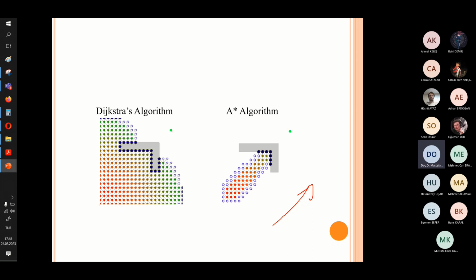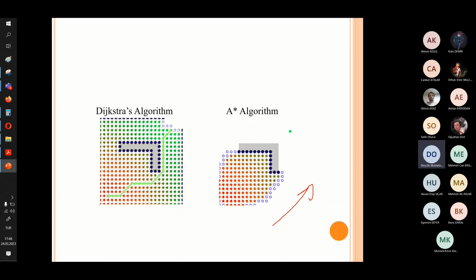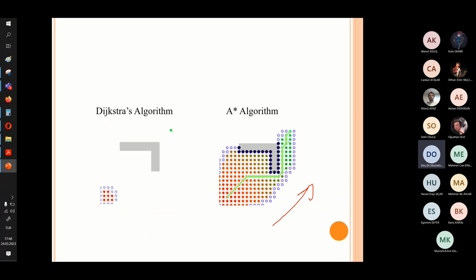At the beginning, as you can see, it directly moves towards the target, but later when it comes to an obstacle, it tries to pass over it. As you can see, once it finds the way, it reaches the end.